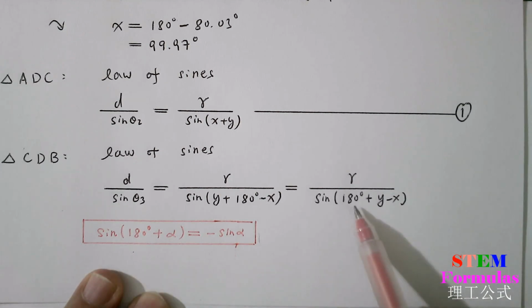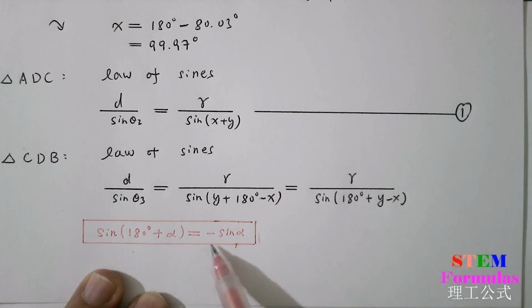So sine 180 degrees plus an angle equals minus sine alpha.